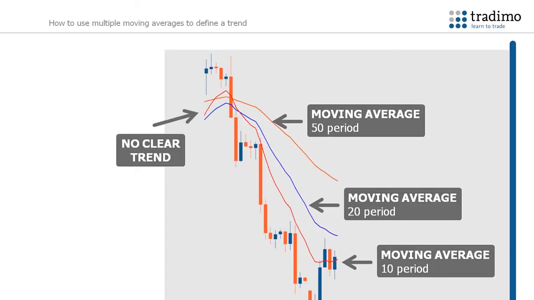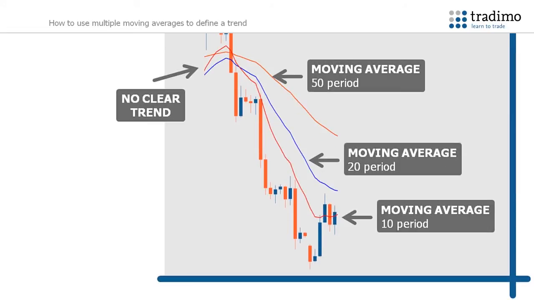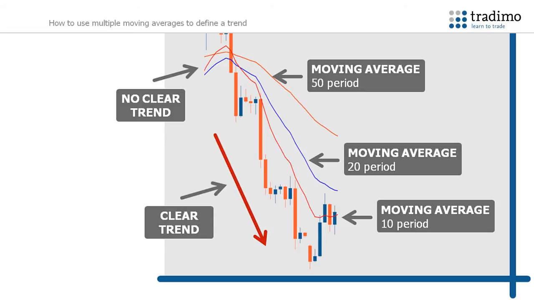As the market enters into a downtrend, the moving averages cross over and align in order of the periods. This is displayed in the later part of the chart. The 10-period moving average is closest to the price, followed by the 20 and then the 50-period moving average. This is an easy way to indicate that the trend has been established.